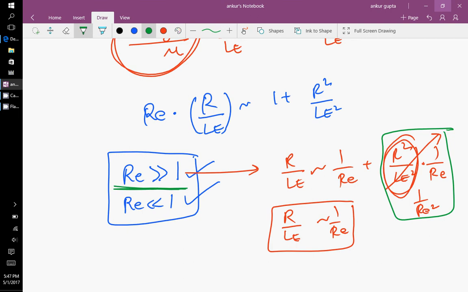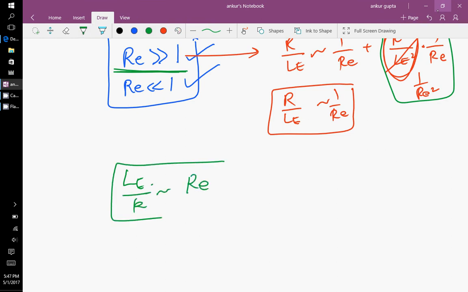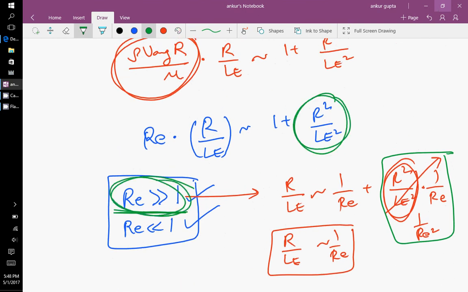So basically we are saying that le by r will be proportional to Reynolds number for Reynolds number greater than 1. Okay, so I hope this made sense. So basically we could ignore this part, for Reynolds number much greater than 1, and just basically use this term as the part of the viscous contribution.